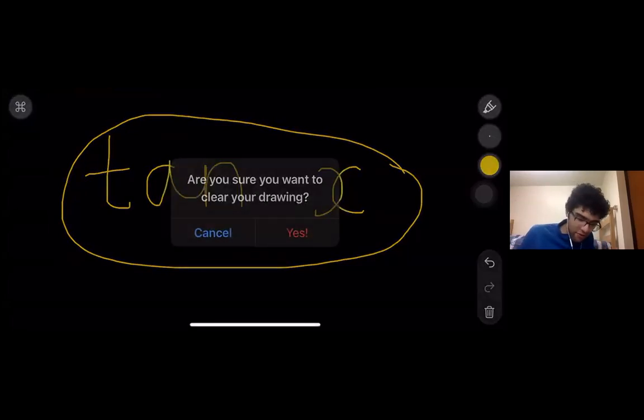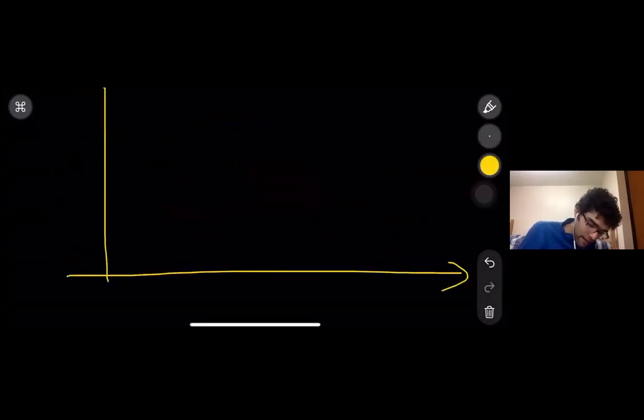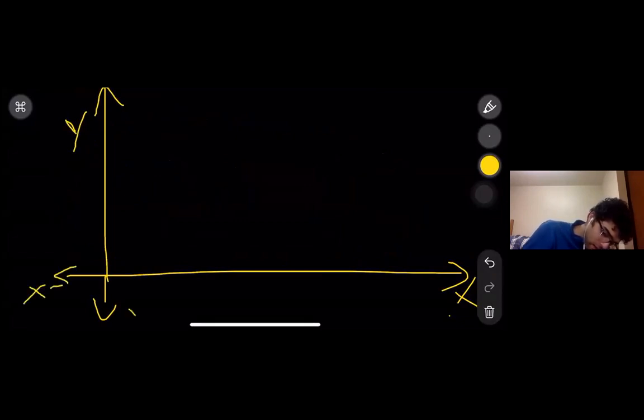So let's draw a graph. This is our graph. My x-axis over here, my y-axis over here, and this is 0.